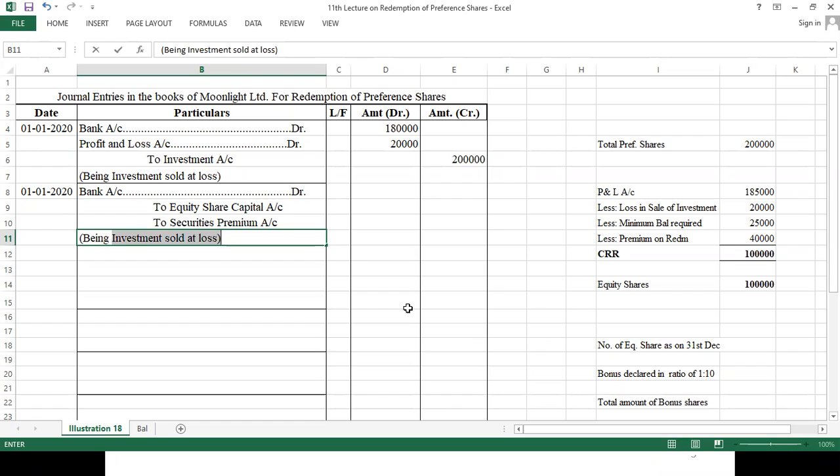Being 1,000 equity shares of rupees 100 each issued at 40% premium.